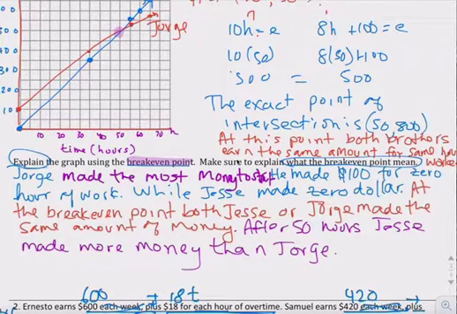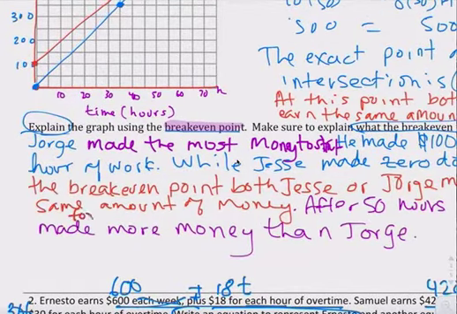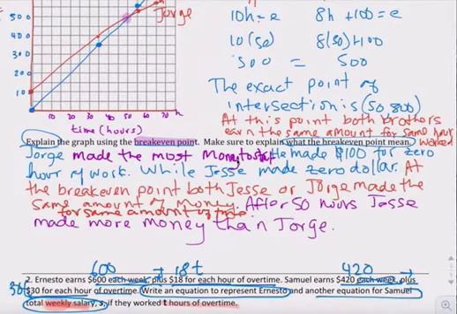At the break-even point, both Jesse and Jorge made the same amount of money for the same amount of time. I forgot that. For the same amount of time. After 50 hours, Jesse made more money than Jorge.